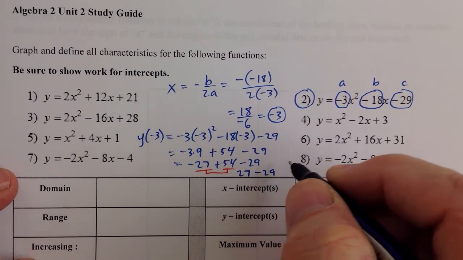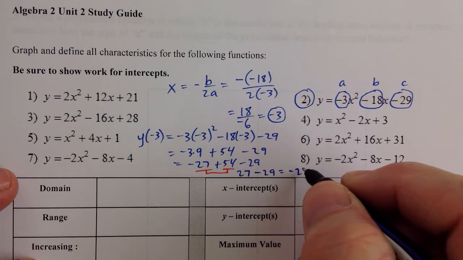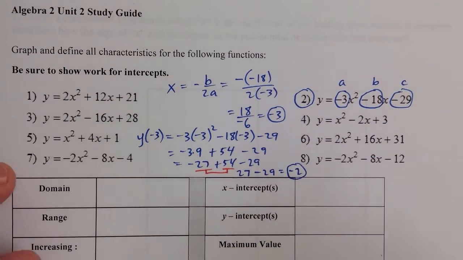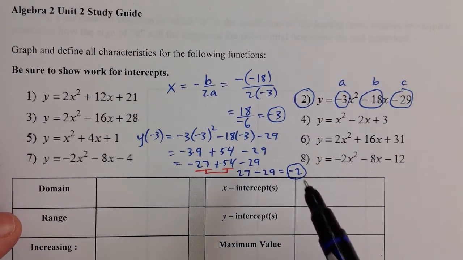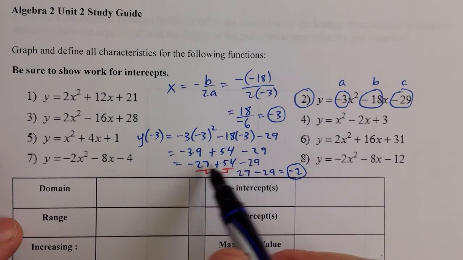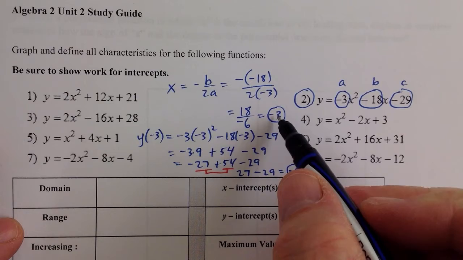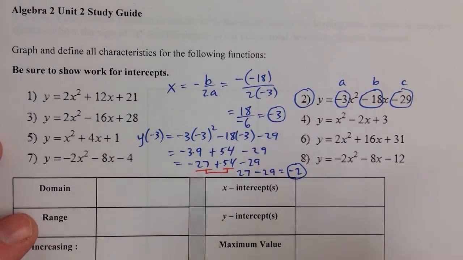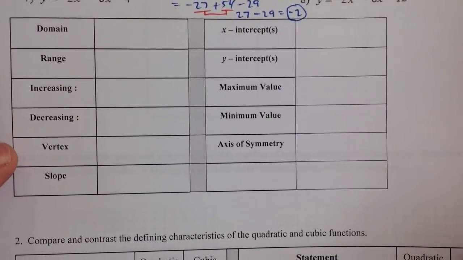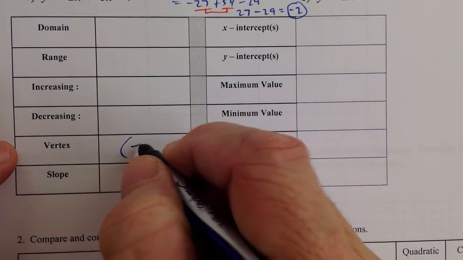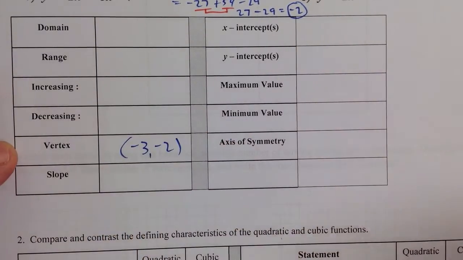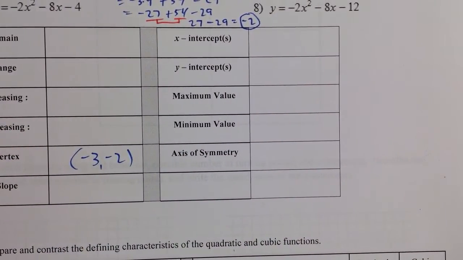And we still have that minus 29, and 27 minus 29 is negative 2. If we're smart, we will just do the addition and subtraction from left to right. So we can see here that when the x coordinate is negative 3, the y coordinate is negative 2, and that then is our vertex. Negative 3, negative 2.